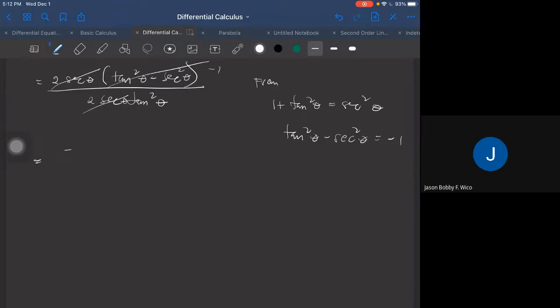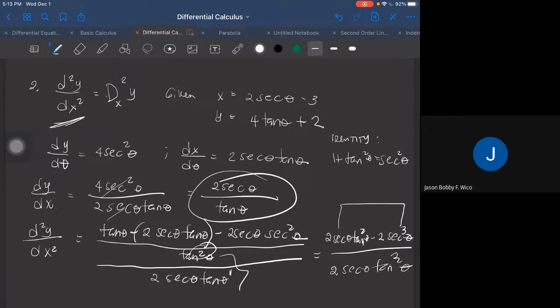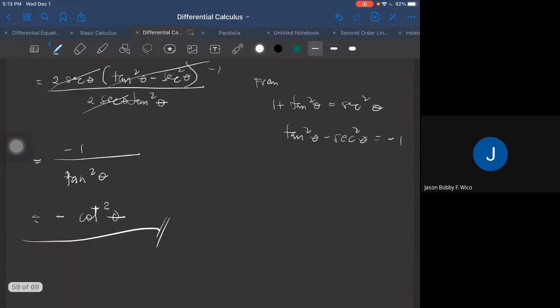And we have negative 1 over tangent squared theta, or we could have negative cotangent squared theta. Okay. So that's our answer, class. Well, this is supposed to be cube. Questions, class?